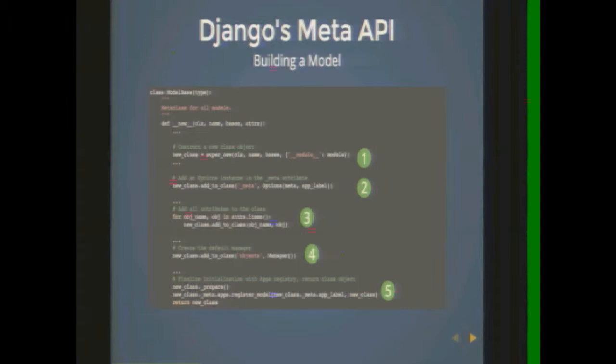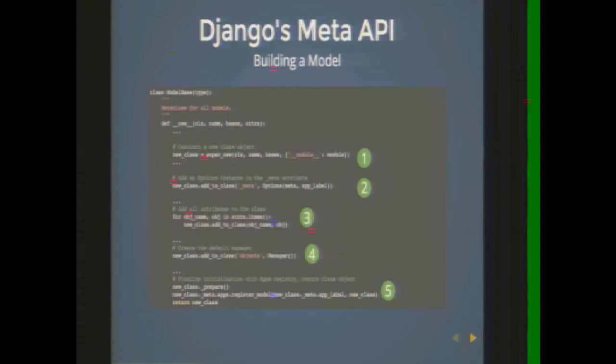On step 3, we get all the field names and the field instances, and we add_to_class those. In turn, add_to_class also adds them to the Meta API. Finally, we add the manager, what we use all the time for objects and _default_manager.